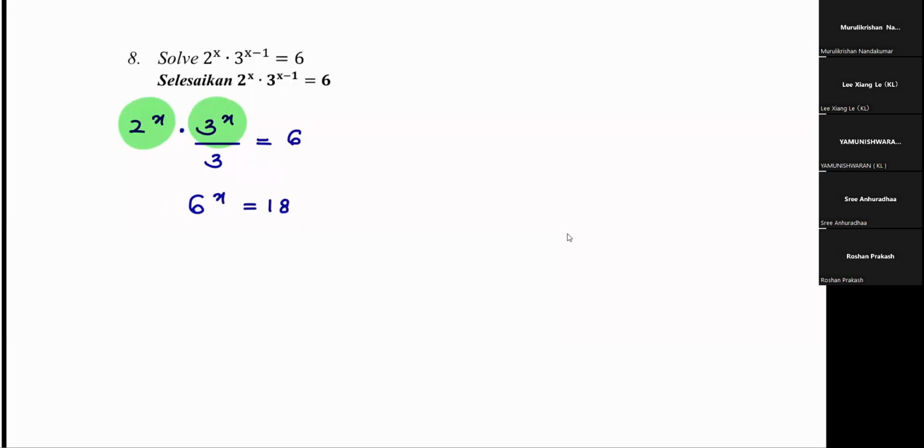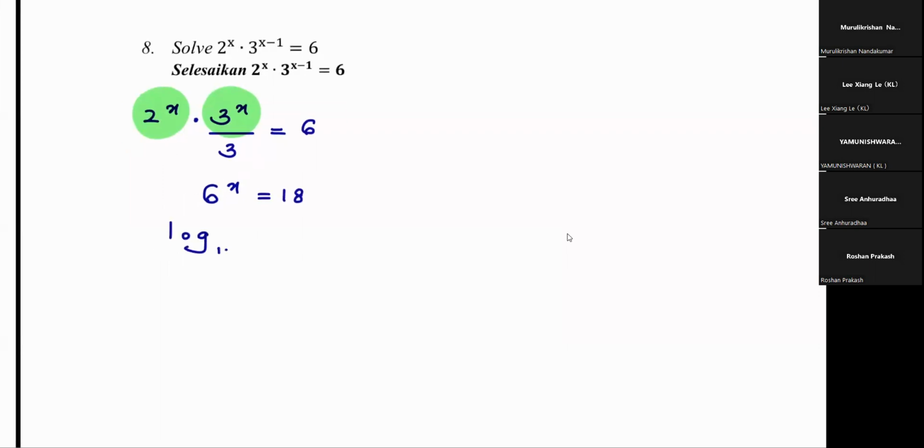So after that, no choice. You have to use log. What is the value of x? 1.613.